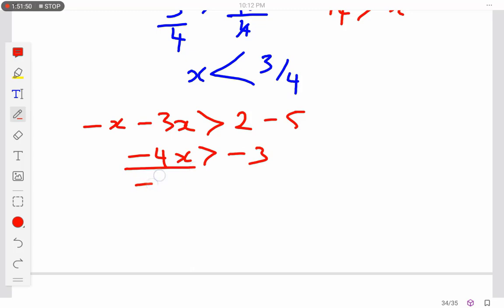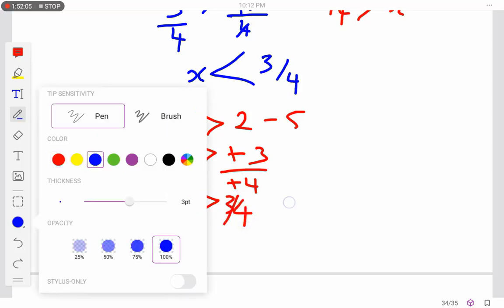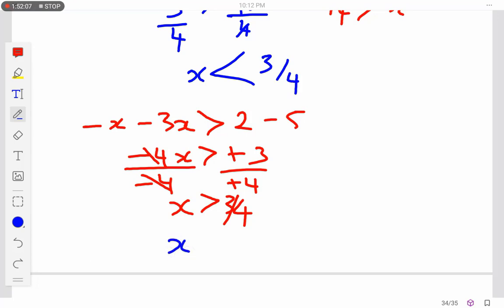You divide by minus 4, you divide by minus 4. These will cancel off each other, the negative, negative. So you have x is greater than 3 over 4. But because it was dividing by a negative, you change your sign. Then it becomes x is less than 3 over 4 as your answer. These negatives that were dividing each other, they make this sign change the direction it was facing.